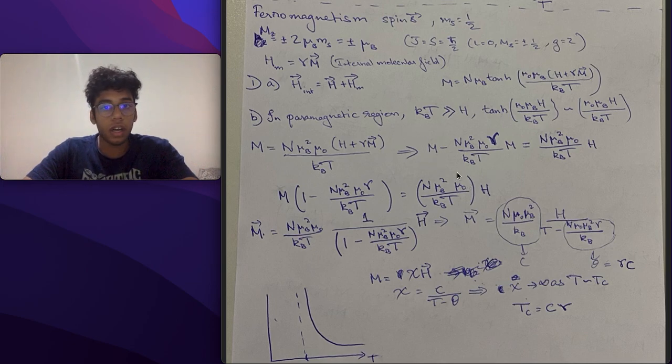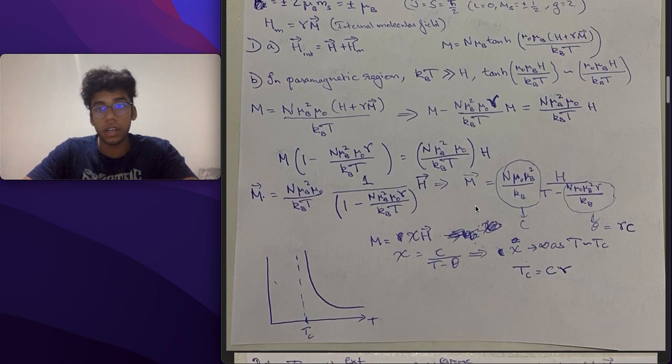And once you do that, and then you do some algebraic manipulation, you end up getting M is equal to n mu_0 mu_B squared by k_B, H by T, minus n mu_0 mu_B squared by k_B gamma.